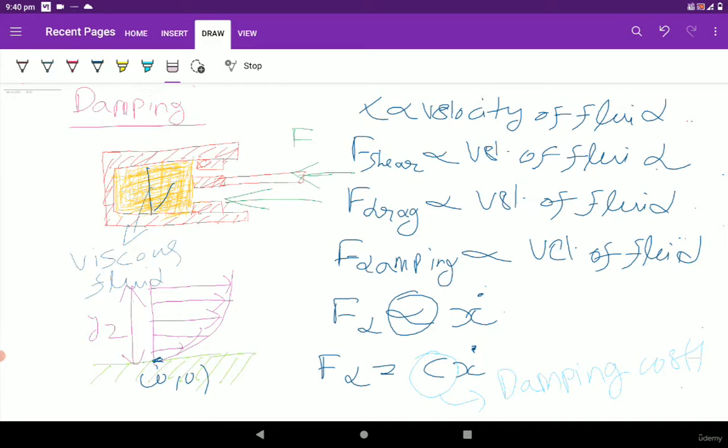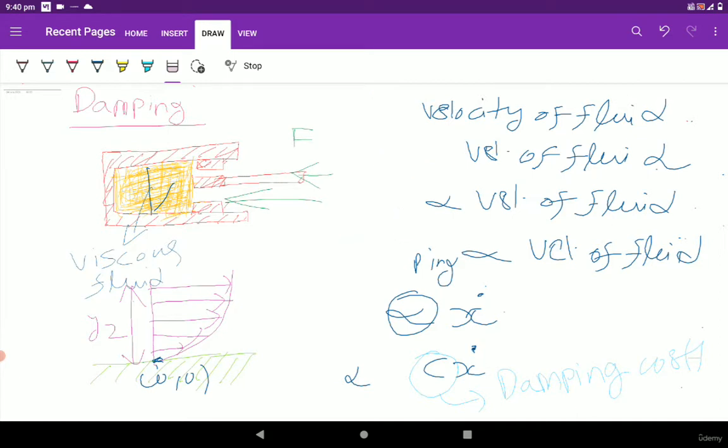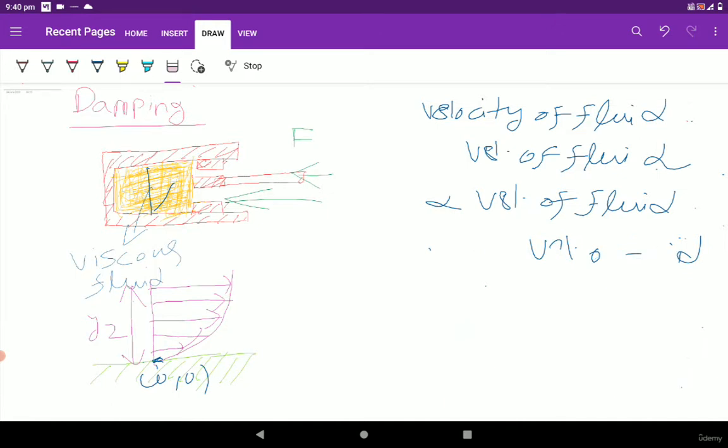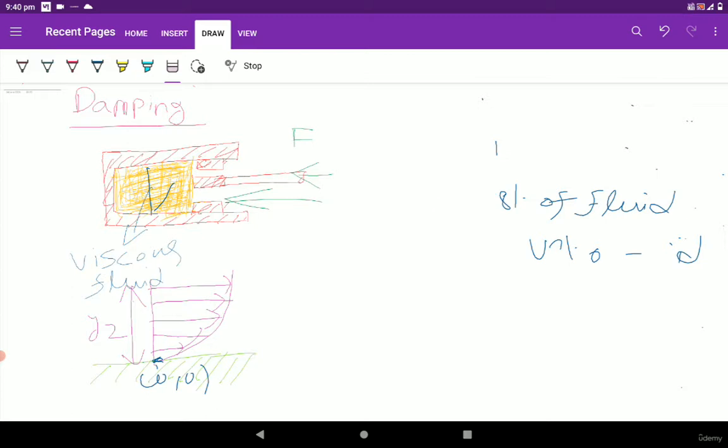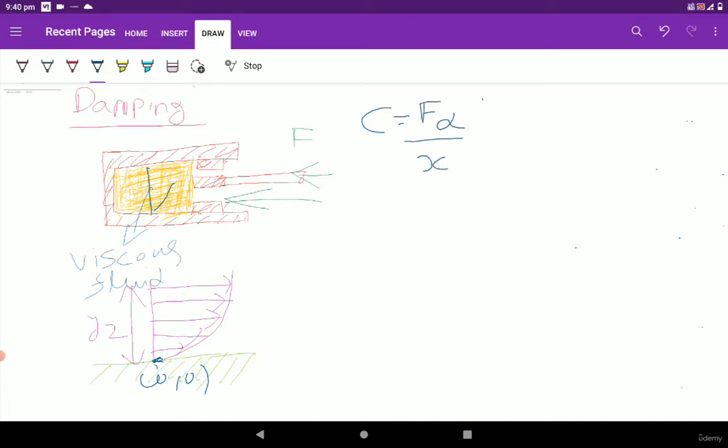So let's understand more. The damping coefficient is equal to the damping force upon the velocity x dot.